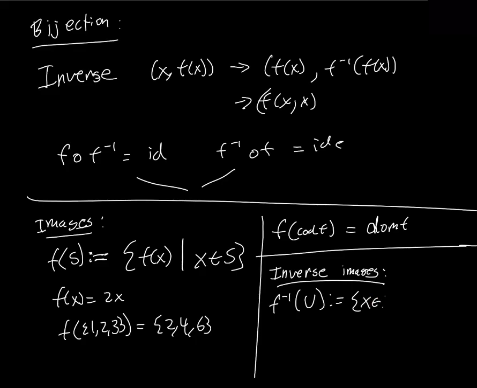Now we're considering the codomain, right? Such that, oh, not the codomain. What am I saying? The domain. Oh, this should also be the domain. What am I doing? Oh, silly me. In the domain such that f of x equals u.